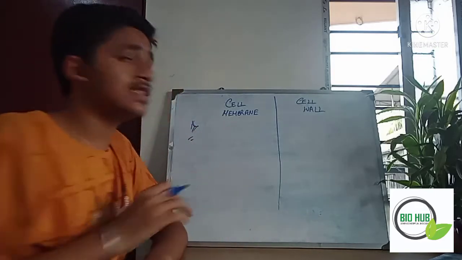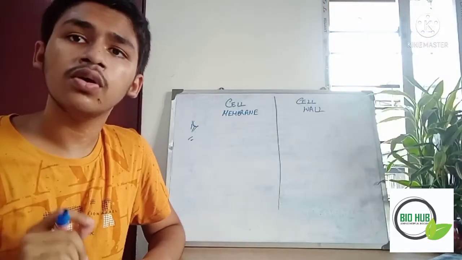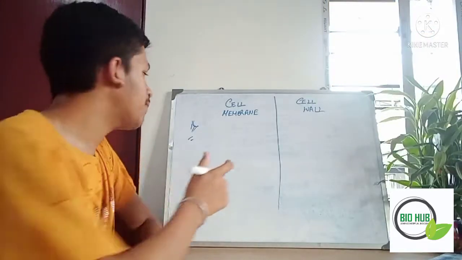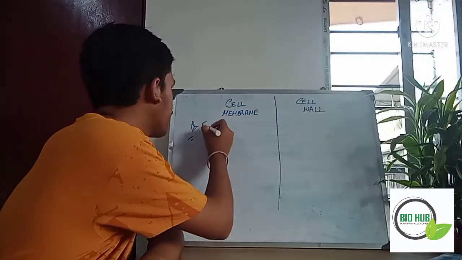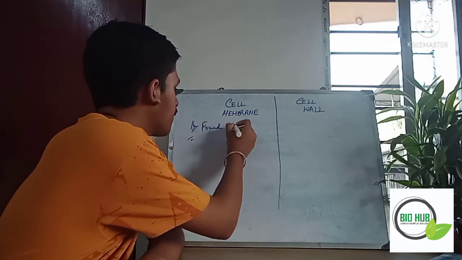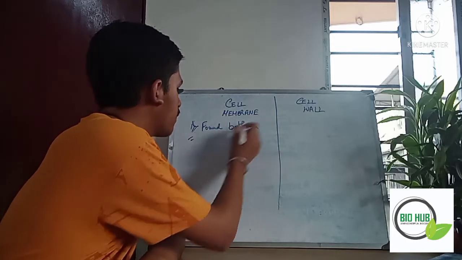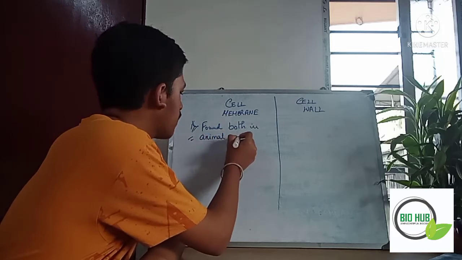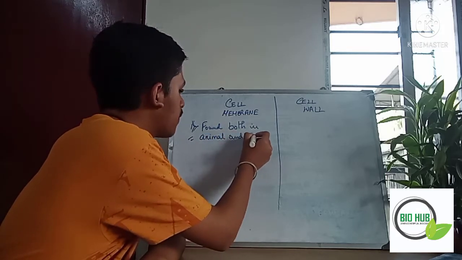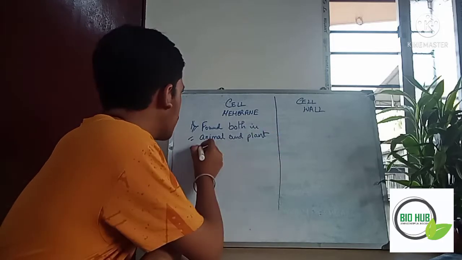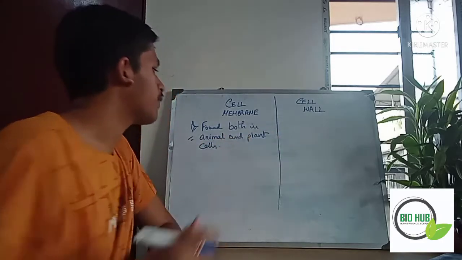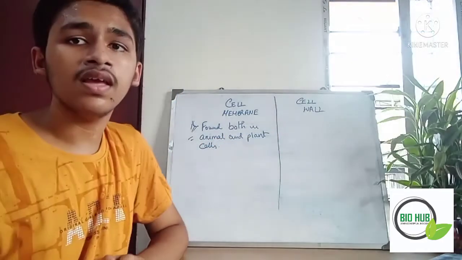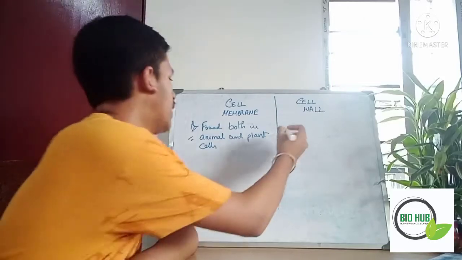First of all, the cell membrane is found both in animal cells and plant cells, while the cell wall is only found in plant cells.